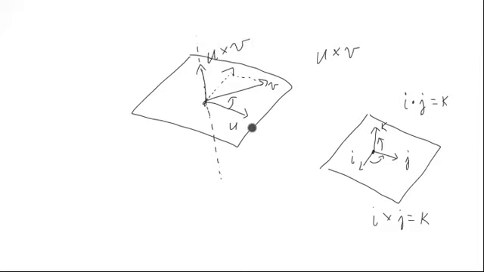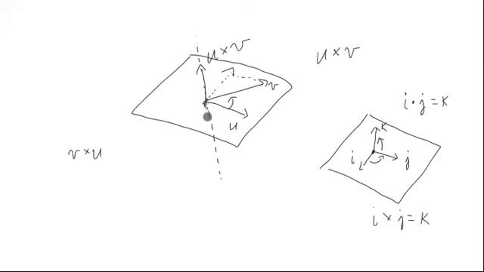Now, if we were to think the opposite way, what if we did v cross u in the same picture? v would flip to where the i is. But in order to do that effectively, you have to turn this picture upside down. So v will land on the i, and then u and its component would land on the j place. But in that case, when it's turned upside down, k would be down.